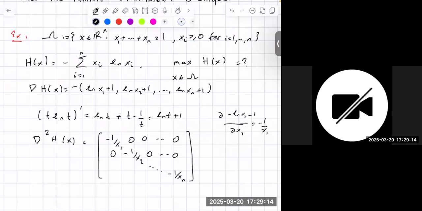For now, you can forget about the boundary and stuff. Just think about an interior point. Everything is positive and nice.